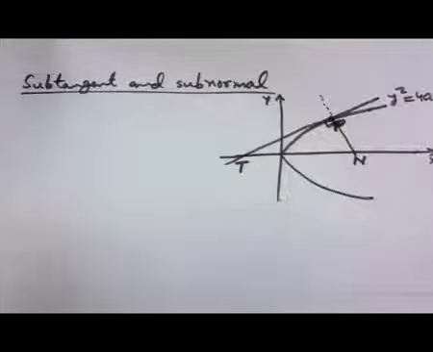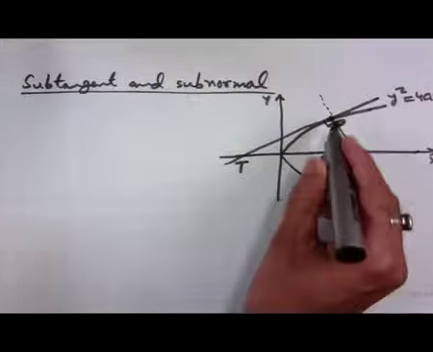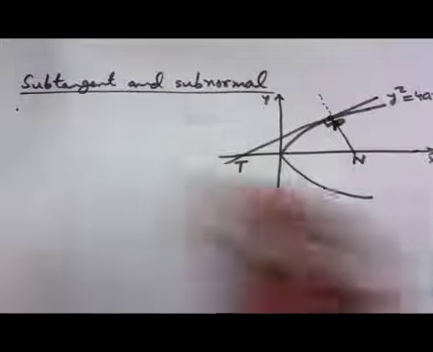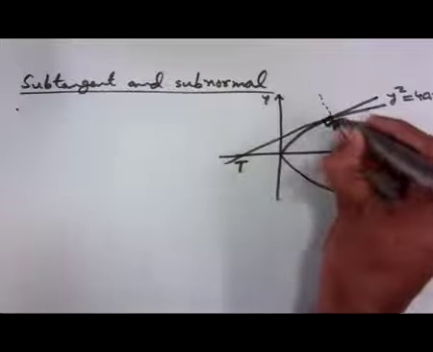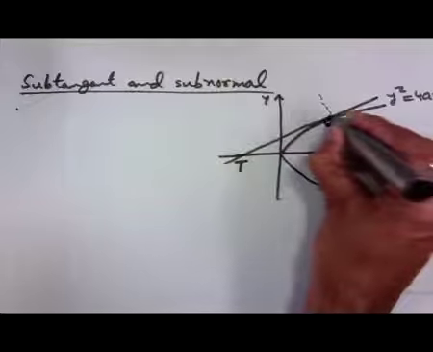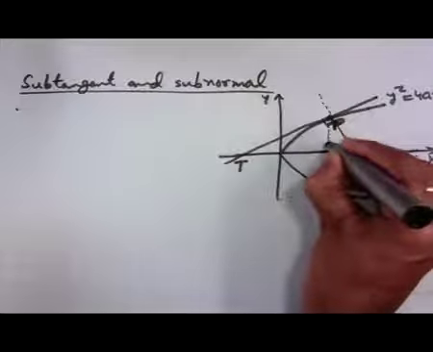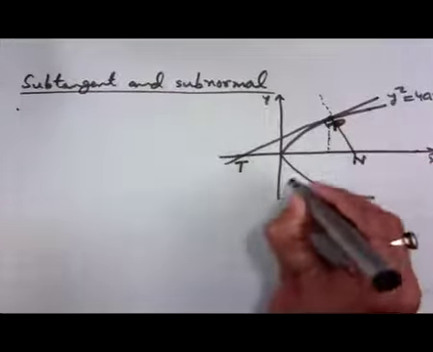Then we also drop perpendicular from this P to the x axis. Let us call that point as A.